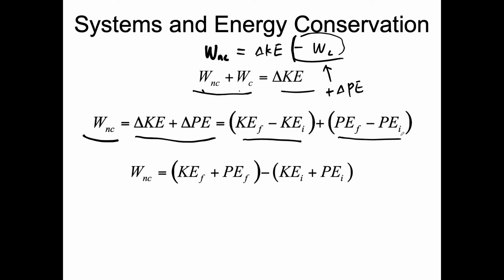We can rearrange it a bit. We put the two terms in the final state together, and the two terms in the initial state together. Now it's quite simple and clear. If non-conservative force does work, then the work done by non-conservative force equals the change of mechanical energy.